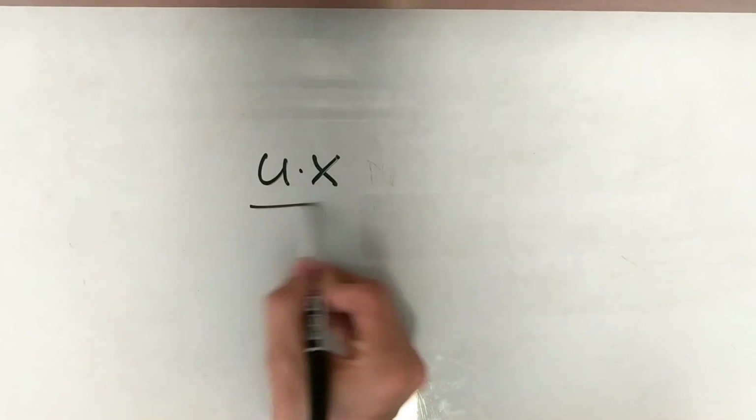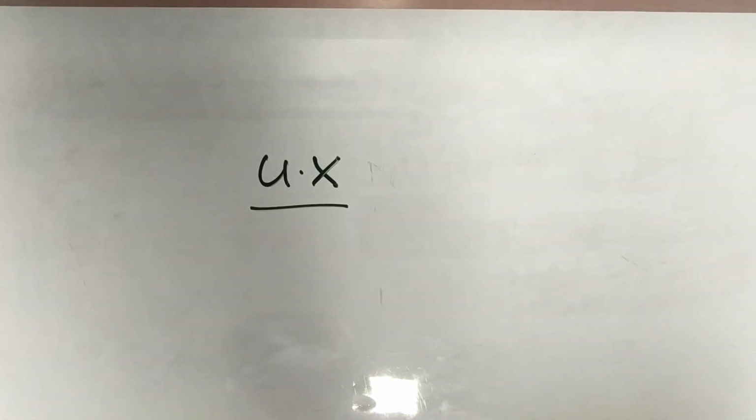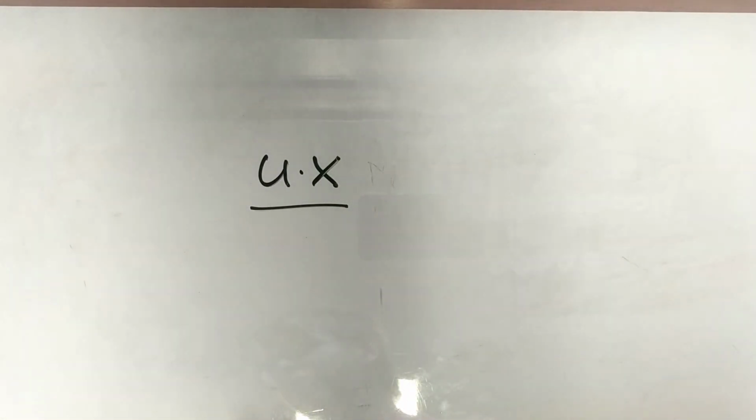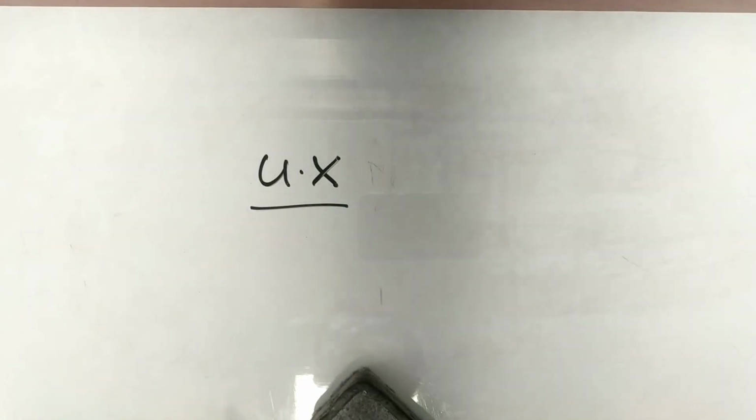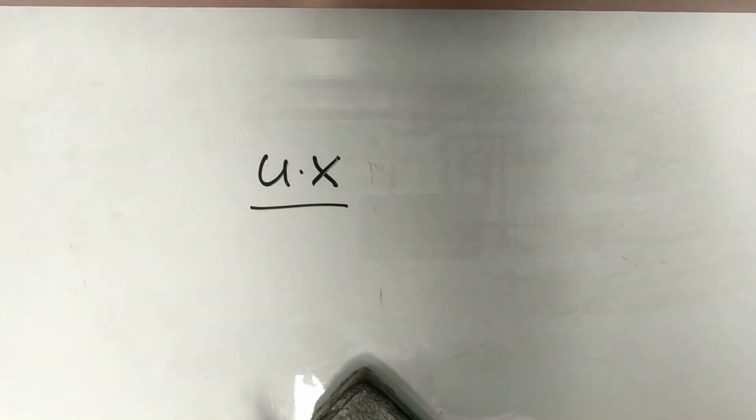So that's exactly what we want. And it just so happens that our function gives us a u and x, and so all we need to return is just the dot product of u and x, because that is what our coordinate of the projection with respect to u is.